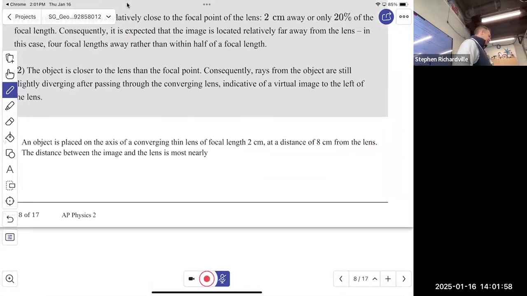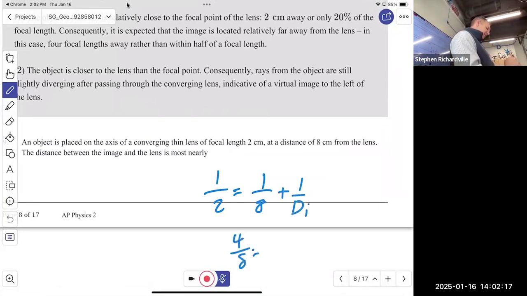Now, a point placed on the axis of a converging lens, focal length 2, distance 8. The distance between the image and the lens. Oh, is this another easy one? Yeah. Come on, man. So 4/8 equals 1/8 plus 1/DI, so 3/8 equals 1/DI.